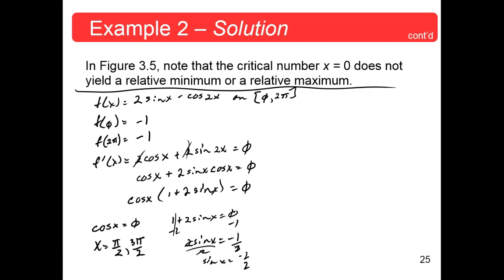Okay, 3 pi over 6 would be pi halves. 3 pi over 5? Okay. All right. Think back. Your absolute value of this is 1/2. At what angle is sine equal to 1/2?